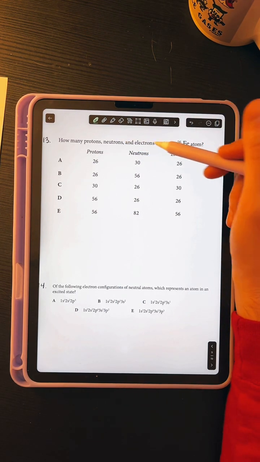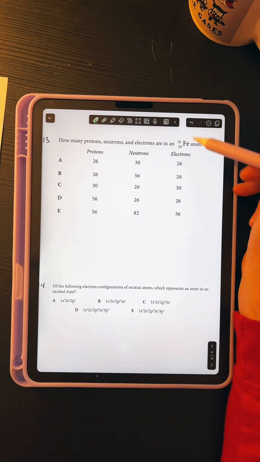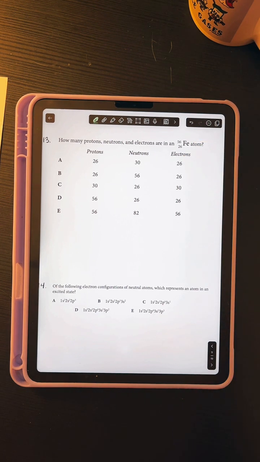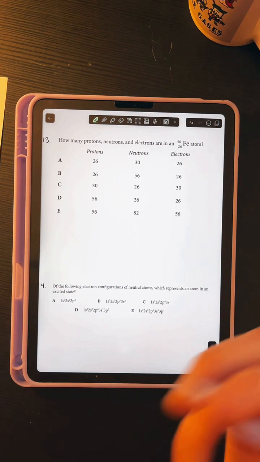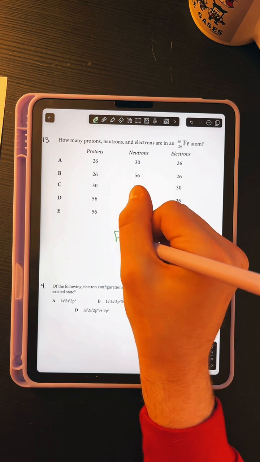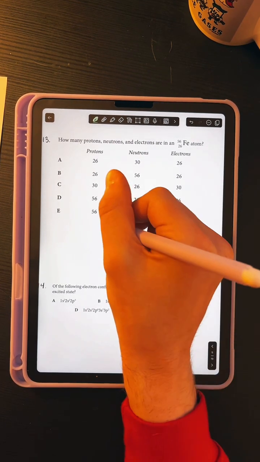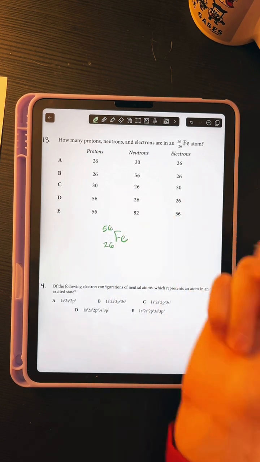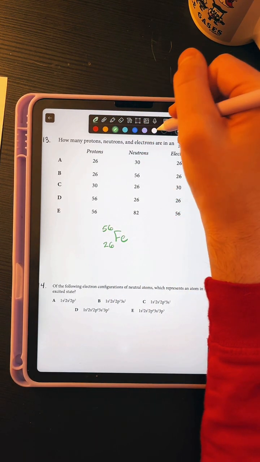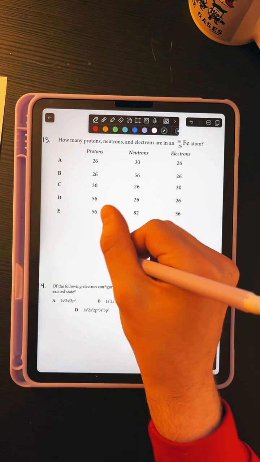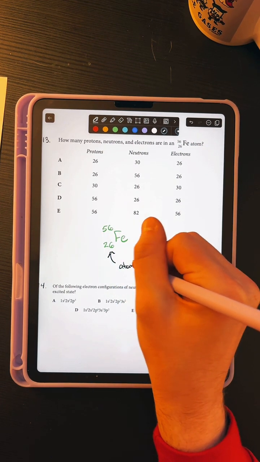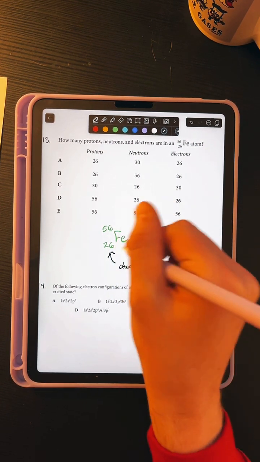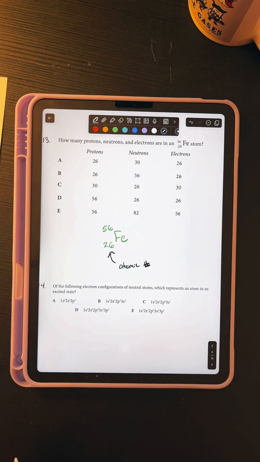How many protons, neutrons, and electrons are in this iron atom? We sort of talked about this notation before, where we have our element symbol, a number up top and a number on the bottom. The number on the bottom is our atomic number. That will not change as long as our element stays the same.